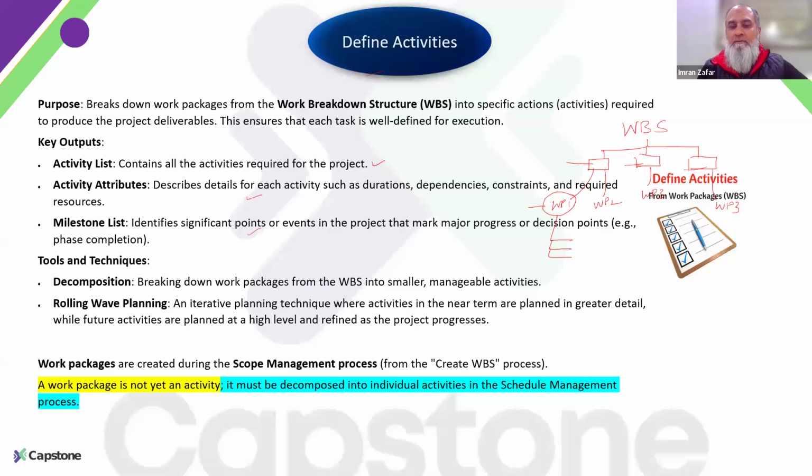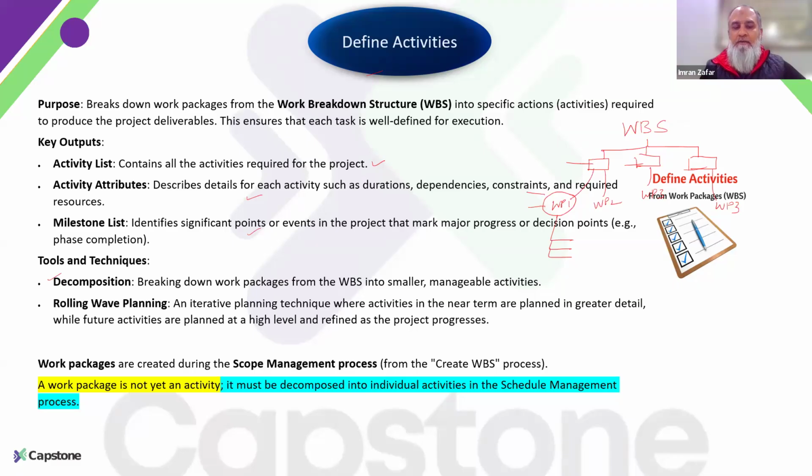And the tool and technique that we utilize to break down that work package into an activity list is the same tool that we utilized when we were decomposing our project till the work package level. So here again, we will utilize the technique called decomposition.